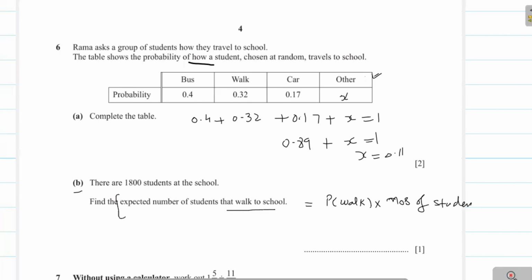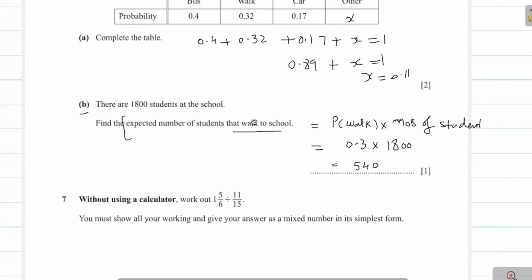Therefore, the probability of walk is 0.32 multiplied by the number of students, 1800. Now that value is 540, the expected number of students who walk to school.